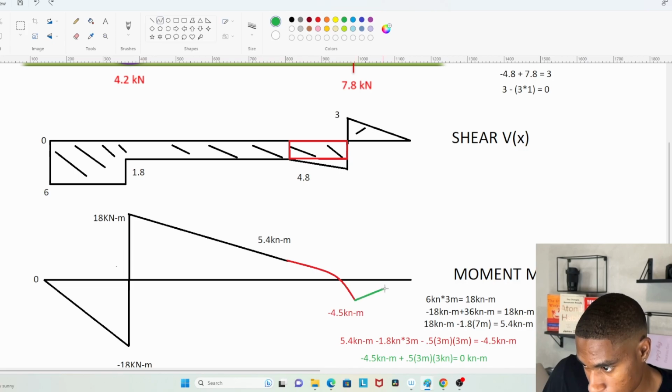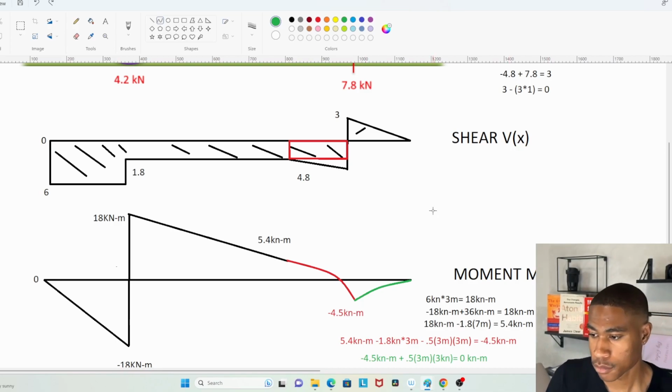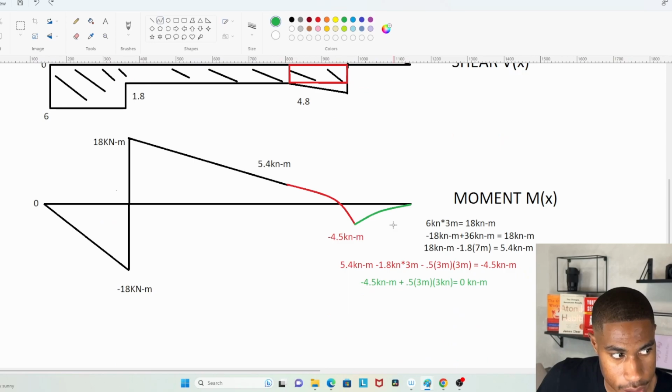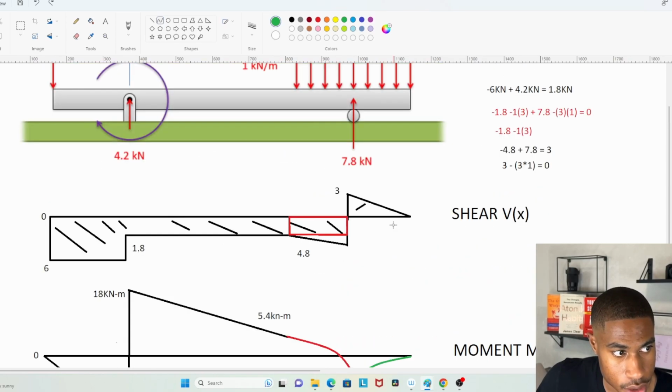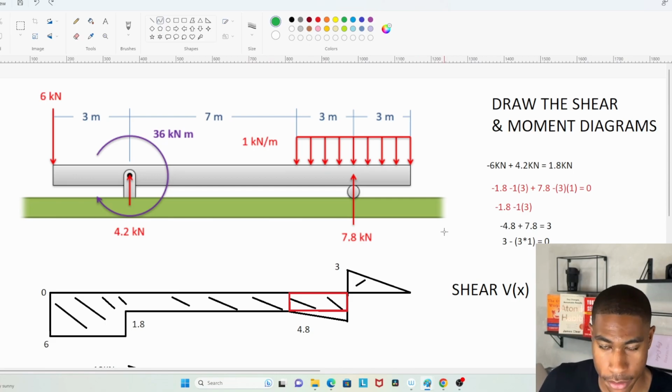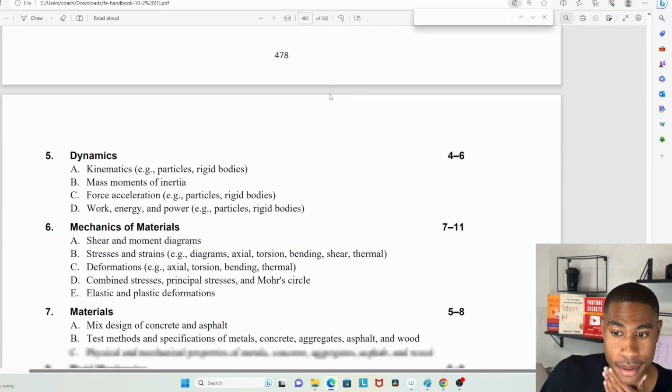This one's going to be, again, concave down. All right. So hopefully this made sense. I know this took me a while to explain this shear and moment diagram problem, but hopefully I touched on a lot of the key concepts that you're going to need as you're working with shear and moment diagrams. This was fun for me to play with.